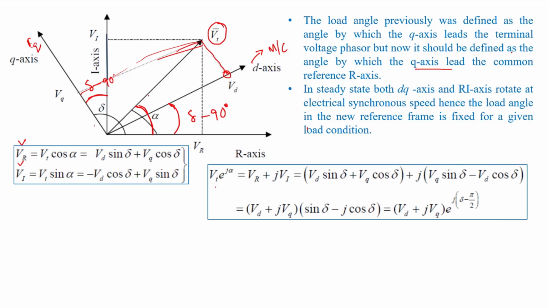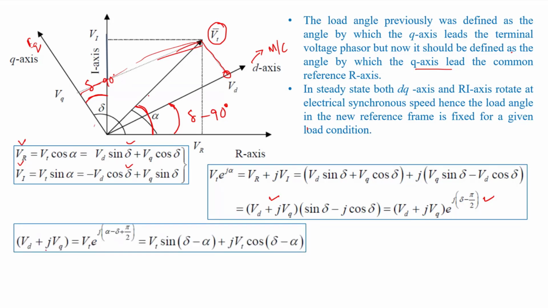Now if we represent VT in complex form, VT e to the power j alpha, I can write it as VR plus jVI. Substituting these values and segregating, we find VD plus jVQ into sin delta plus j cos delta, which equals VD plus jVQ e to the power j of delta minus pi by 2.